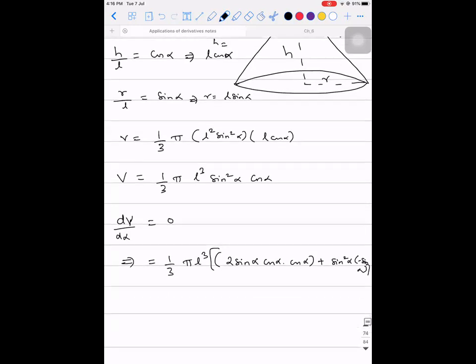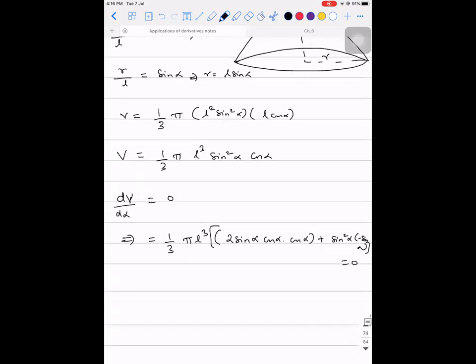So this will be 1 by 3 pi L cube into 2 sin alpha cos square alpha minus sin square alpha sin alpha. This will be equal to 0.